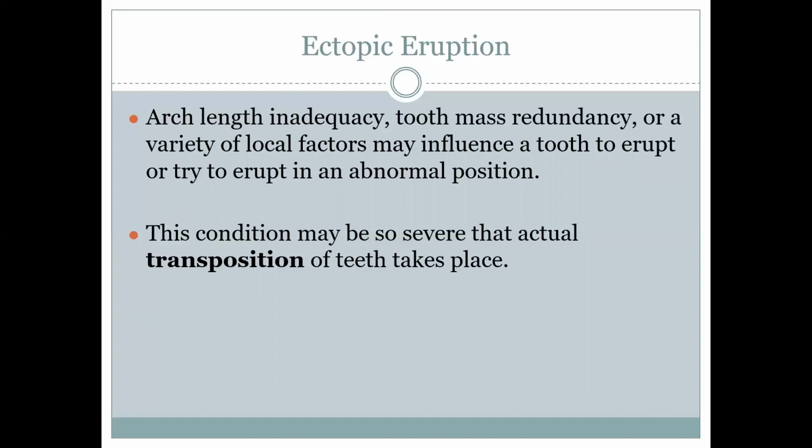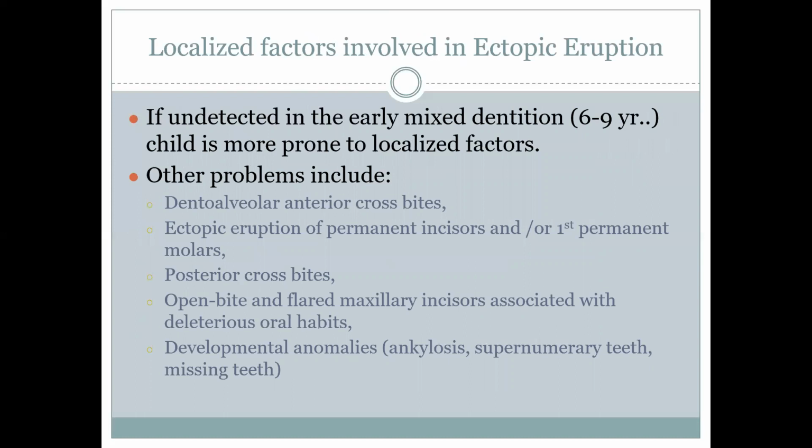This condition can be so severe that a transposition of the teeth may take place. If undetected early in the mixed dentition, the child is more prone to localized factors and it may be harder to treat. So the key is to identify these eruption patterns between the age of 6 and 9.